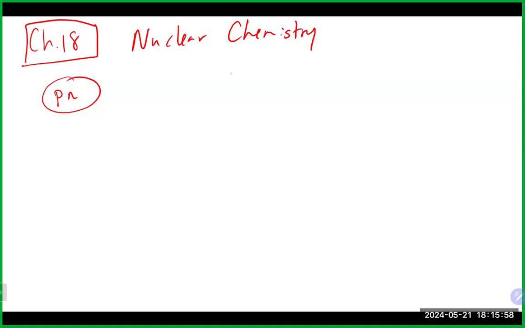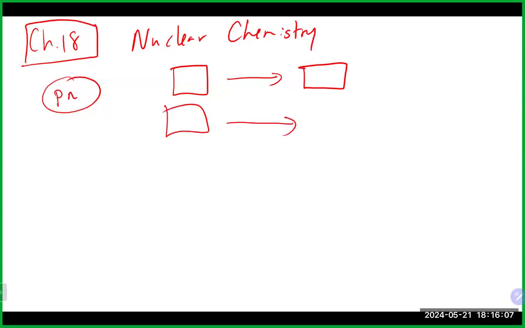So unlike in a chemical reaction where we do have conservation of elements on each side of the arrow, in a nuclear reaction, we actually make new elements on the other side of the arrow. It's just square goes to a circle, I guess, in that particular case.